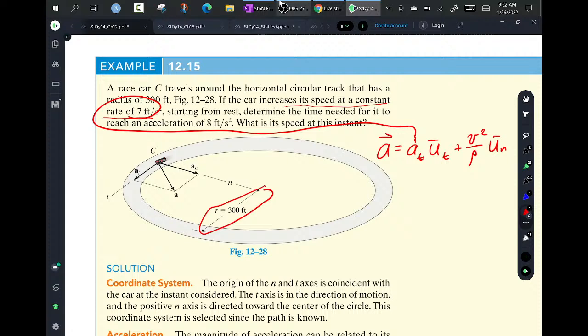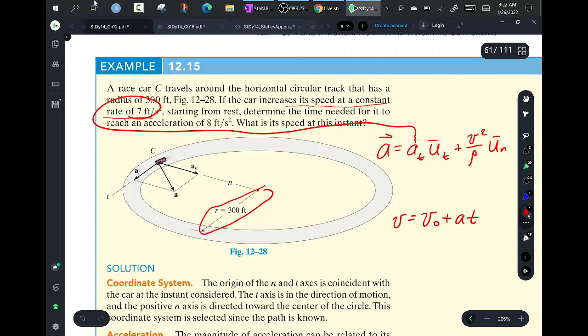So if it's starting from rest and it's accelerating at a constant rate, v is equal to v naught plus acceleration t. And his acceleration was 7. His initial, it started at rest, so v equals 7t. So what you do is take the 7t, stick it up here, in here, square it.